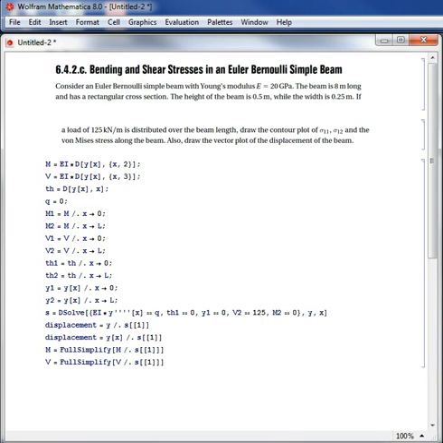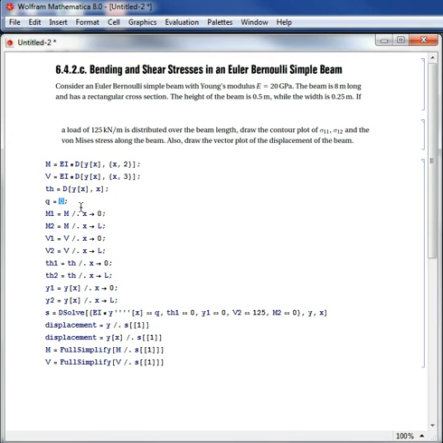It did not affect the previous problem because it was equal to 0. The boundary condition was equal to 0 anyway. So the moment is equal to EI d2y by dx squared. The shear is equal to EI d3y by dx cubed. Theta is equal to dy by dx.